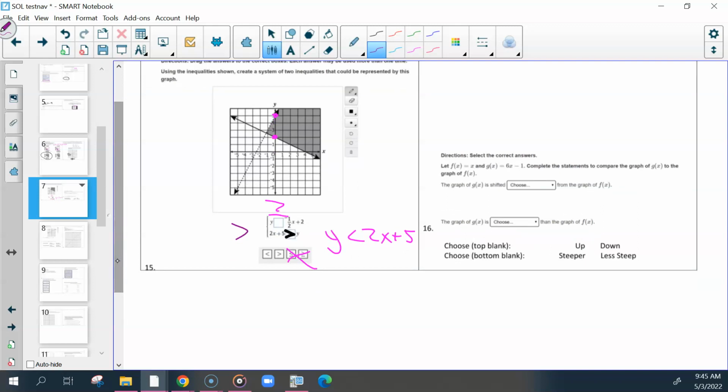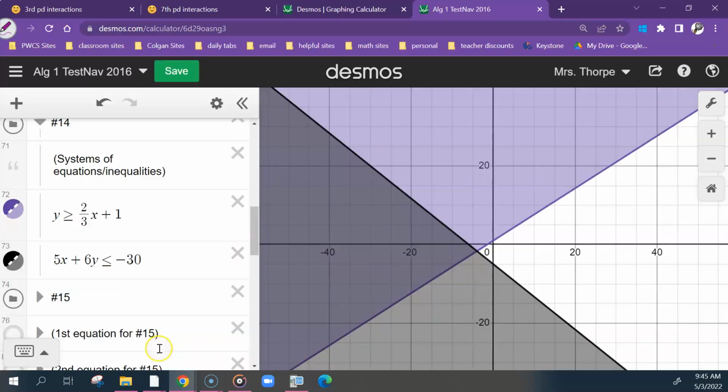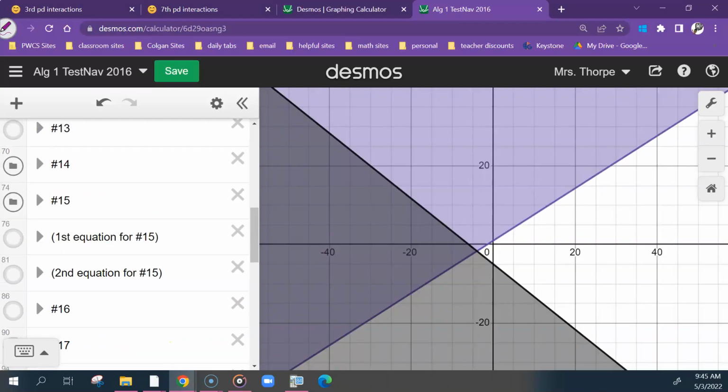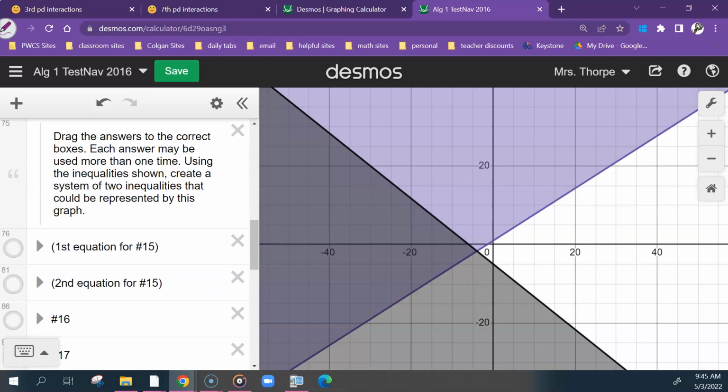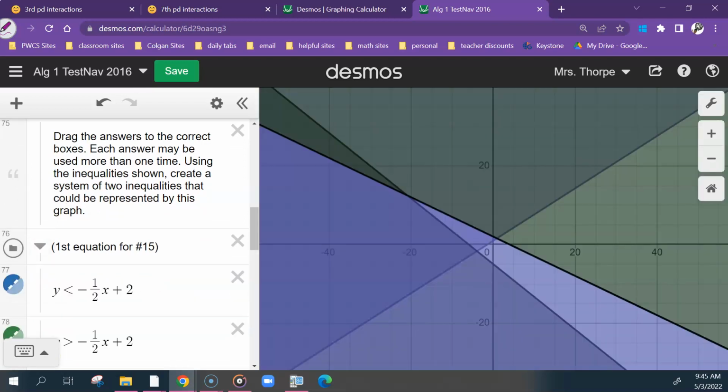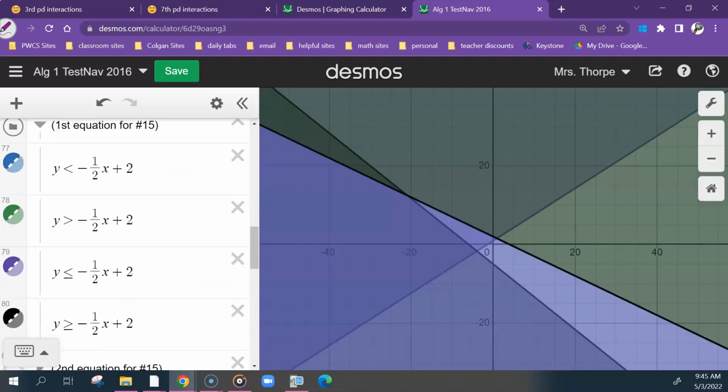Now, if you wanted to put this in Desmos, you could do this one of two ways. One, you could put in each one and see which one matches. I did this separately. I'm just looking at the first inequality, and I put in each of the 4 symbols.